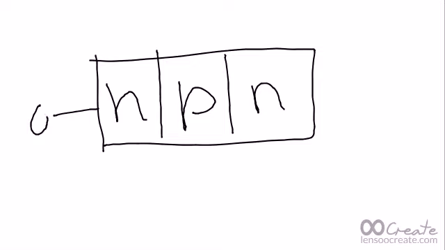So I will start by introducing you to the physical structure of BJT. So it's a three-terminal device. N, P, N. This one is emitter terminal.